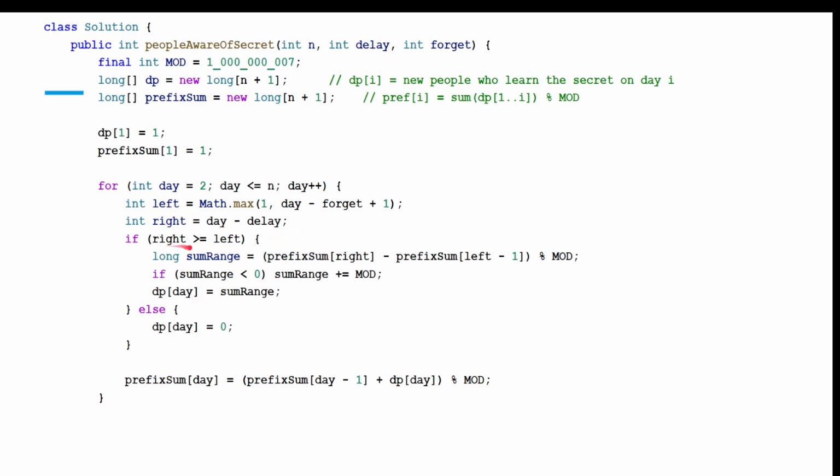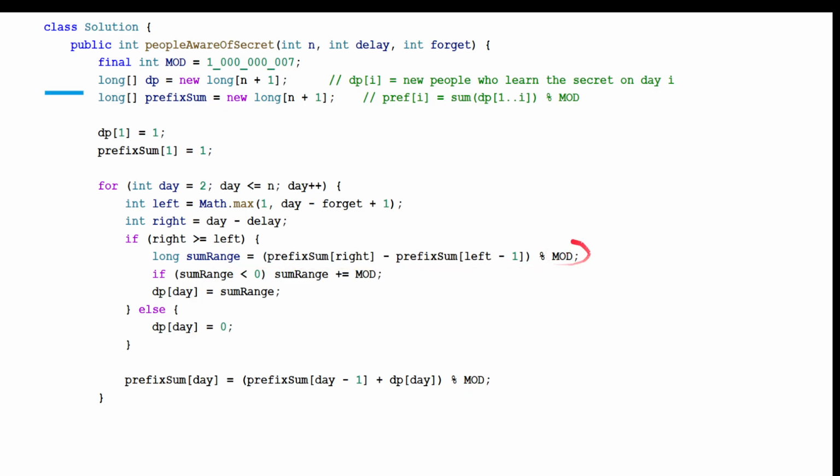So right will always be greater than or equal to left. In that case, we have to find the sum over the range, that is prefix sum at right minus prefix sum at left minus 1. This is what gives you the exact window of the previous days, and we name it sum range.